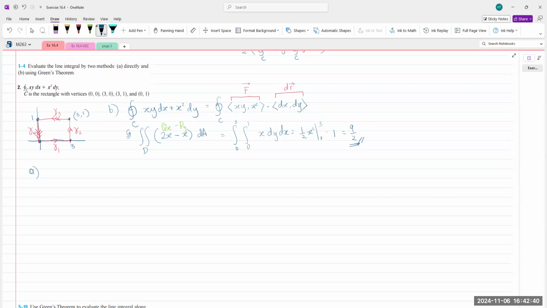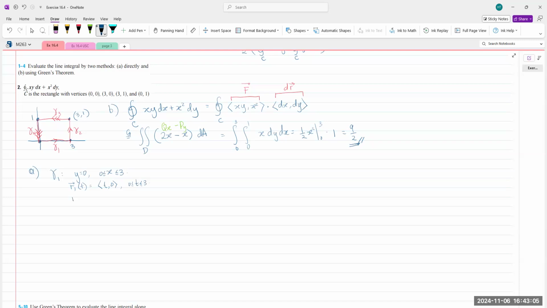The first path is y equals 0, with x between 0 and 3. It would be nice to parameterize that. Let's call that r1, (t, 0), where t goes from 0 to 3.